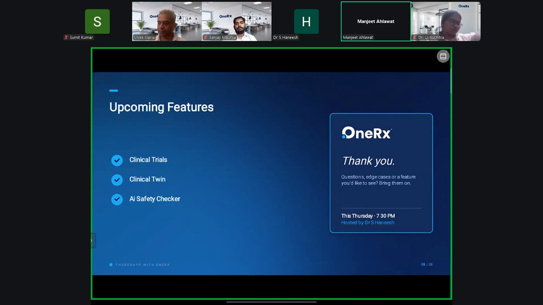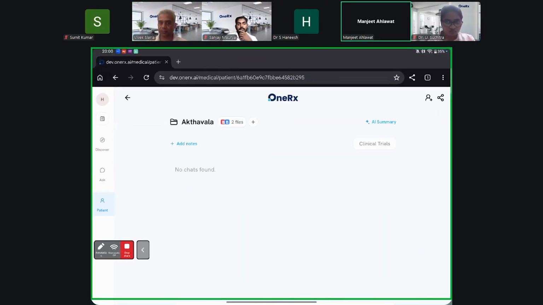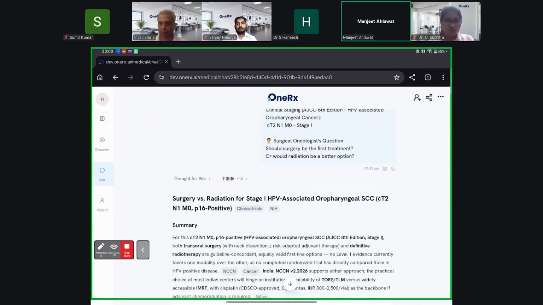Apart from that, if it can integrate, apart from these guidelines, any good review articles by some experts, we might get some other insights from that, just for the data collection or recommendations.